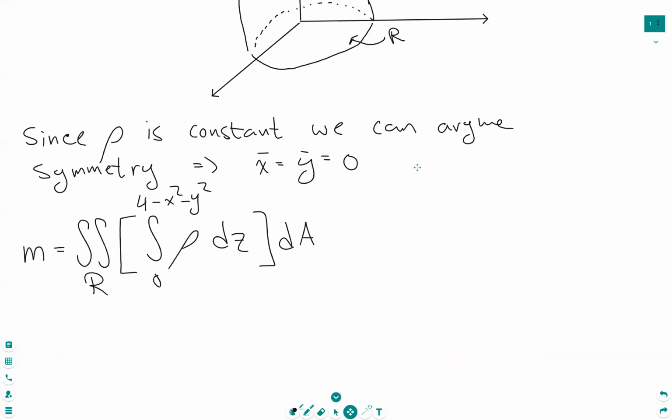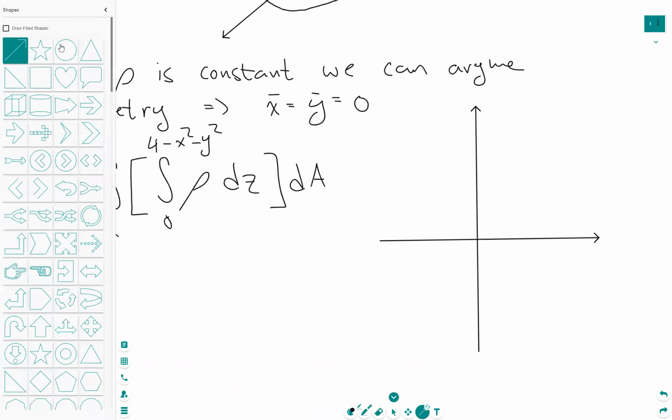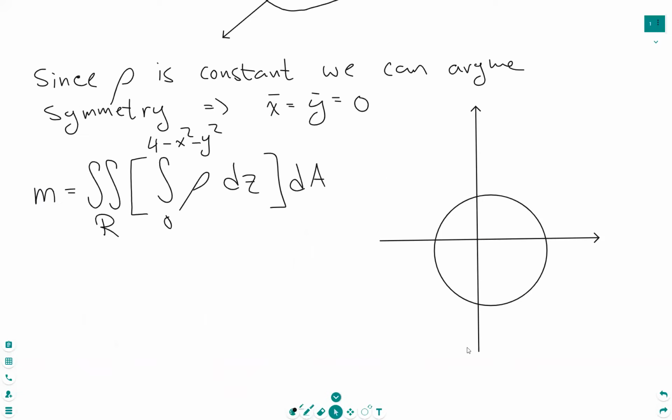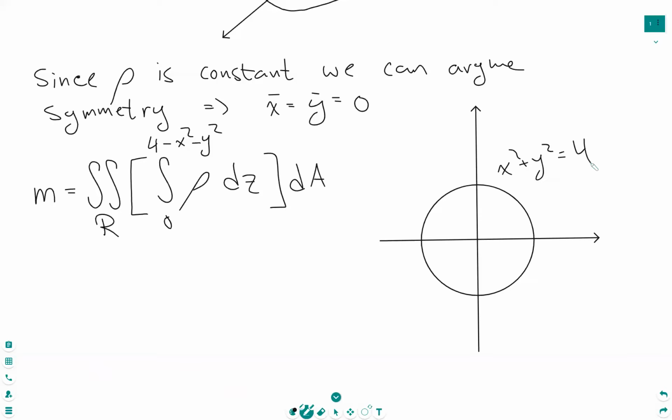Okay, so let's draw a little plot here. The projection of this object is just this circle with radius 2. This is x squared plus y squared equals 4.